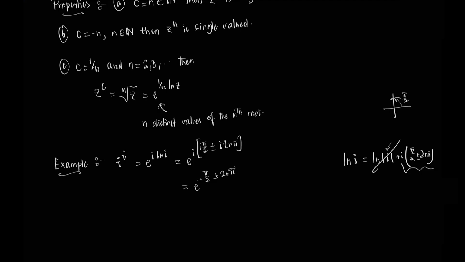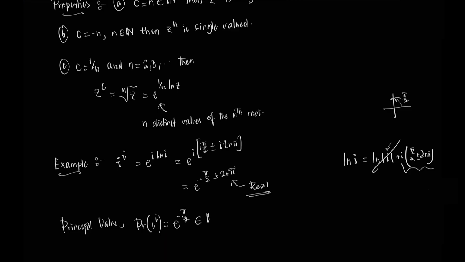So i power i is not a single value, but it has infinitely many values. But the thing is, these are all real. This is a brilliant thing. These are all real valued. So i is complex, but i power i is going to be real. And the principal value, we talked about it, is nothing but n equals 0. If you put n equals 0, the principal value of i power i is going to be e power minus pi by 2.